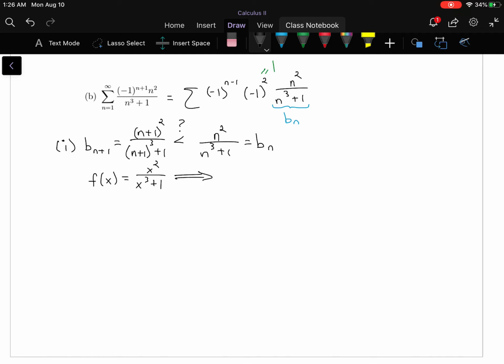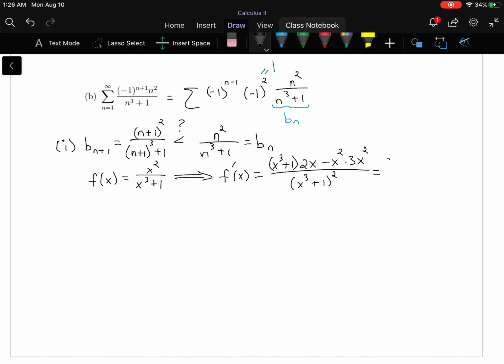As we did in a previous problem, maybe the previous video, I think it was, I want to look at whether it's decreasing. If it's decreasing, then we know that f prime should be negative. So this is low d high minus high d low over low squared. Let's see what we could simplify here.